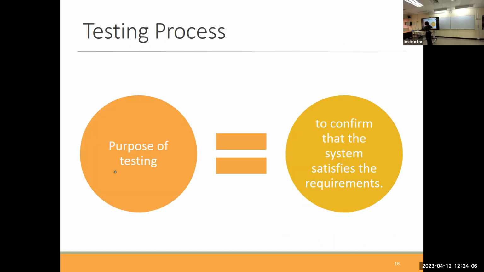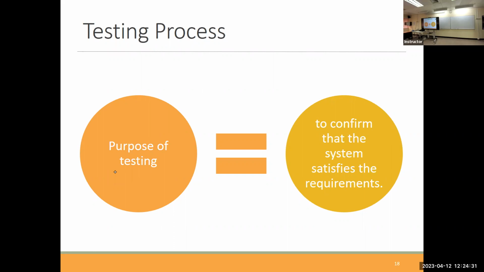Actually, testing is very important. You need to be sure you perform the testing to confirm that it satisfies the requirements, not only that it is bug-free, but to ensure that it does the thing that the requirements say it should do.